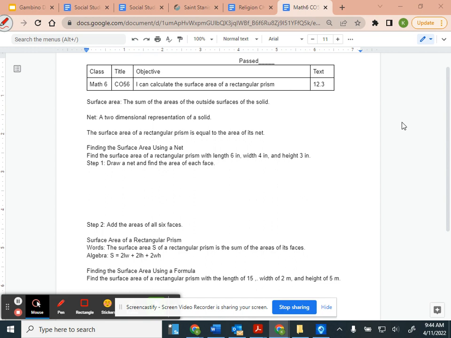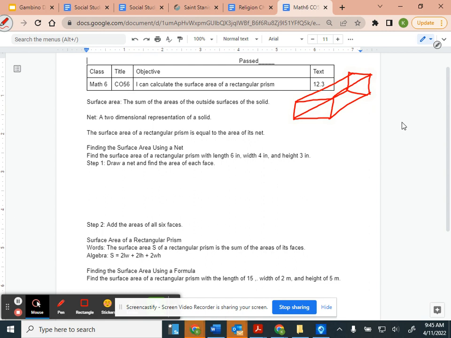So if we take our rectangular prism, so we have our rectangular prism, right? That's our box. We need to lay it flat.